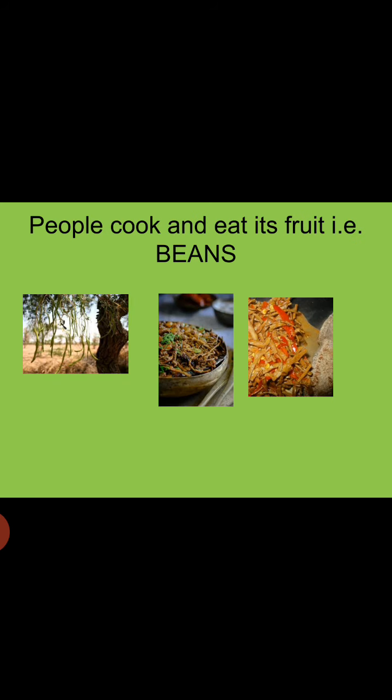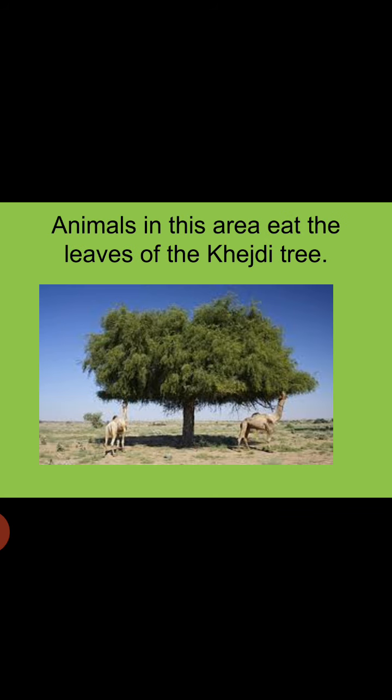People cook and eat its fruit, that is beans. These beans are also cooked for making curries and other items. And animals in this area eat the leaves of the khejri tree. And which animal is famous? Yes, you're absolutely right. Camel, the ship of the desert.